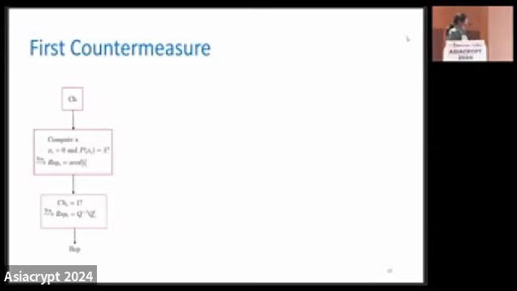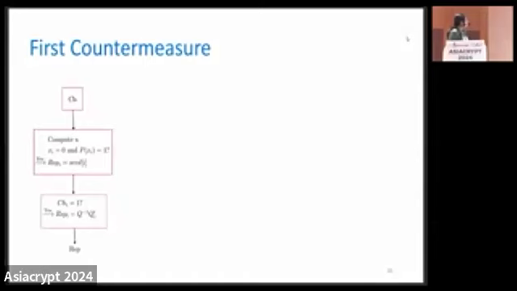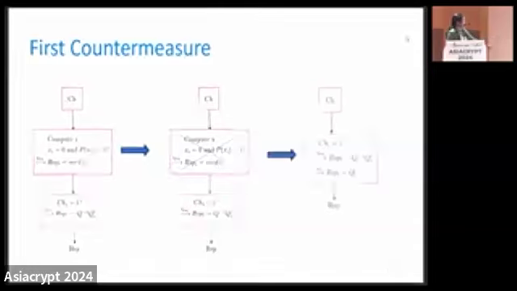So we can merge these two steps, such that if we merge them, then we can avoid our fault window. Our first countermeasure is we ignore the reference tree generation part, and we compute the response by checking the challenge directly, each of these challenges.